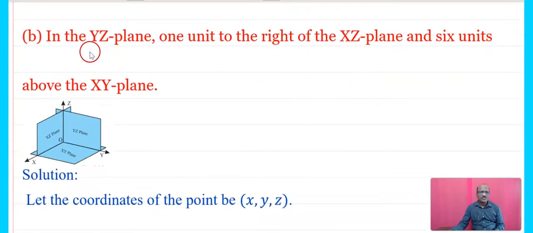The point is in the yz plane, 1 unit to the right of the xz plane and 6 units above the xy plane. Which is the plane? The yz plane.